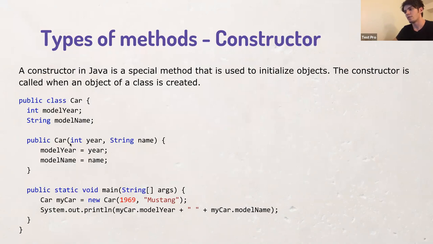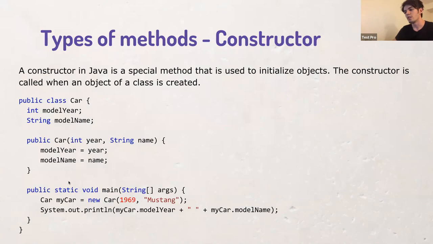So you guys can see here's a method called car, and it has two attributes. The first one is the year of the car, and the second one is the model name. And this method, as you can see, has the same name as the class, car. It's done on purpose, so the compiler will recognize this as a constructor, and it takes these two parameters, the year and the name.